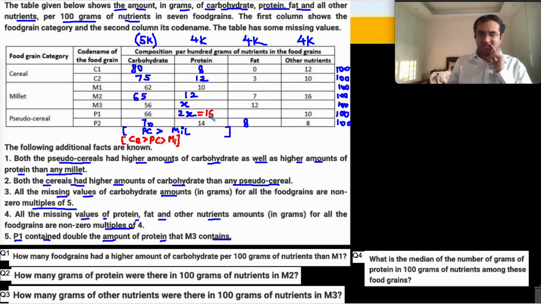So I try 16. 66 plus 16 is 82 plus 10 is 92. Here 8 came. This is also a multiple of 4, so this is acceptable. And if I make this 20 plus 4, then minus 4 makes it 4. So 16/20 and 8/4 both are possibilities.